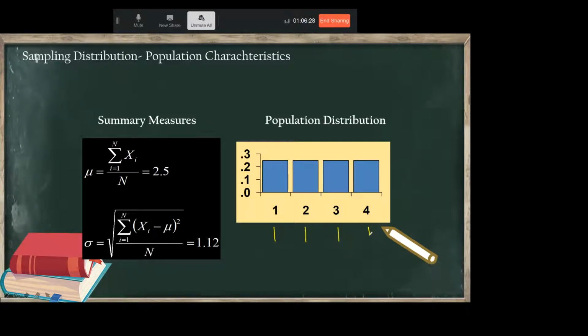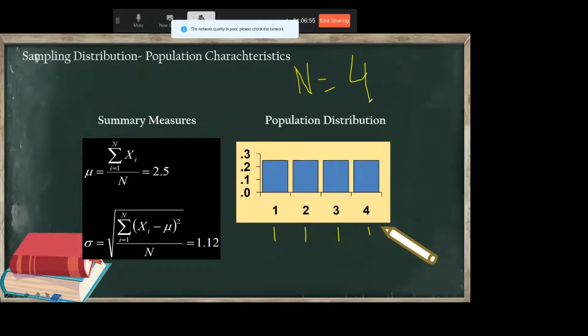So let's say population size N is 4. When we construct the distribution, all these 4 have equal chances of making an error, and they are uniformly distributed, meaning equal chances.